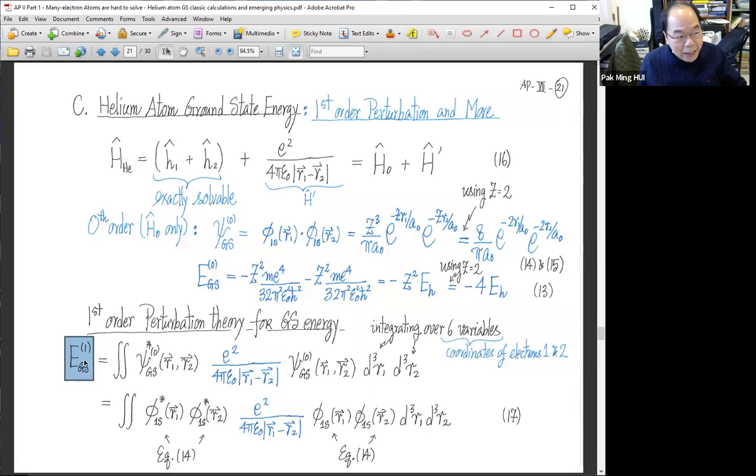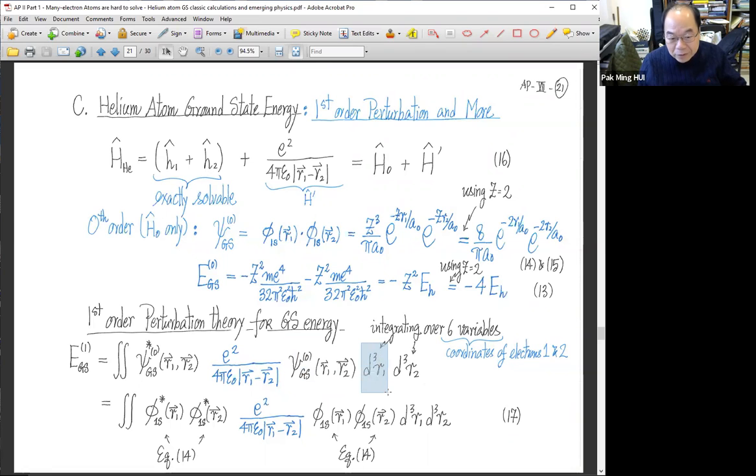So following our standard notation, we are looking for the ground state. This is the first order shift in energy. 0th order, we know here, okay? So the first order is the perturbation in the middle, the unperturbed wave function, 0th order wave function on the left and on the right, and integrate over all variables. But in our problem, we have 6 variables to do, 2 particles.